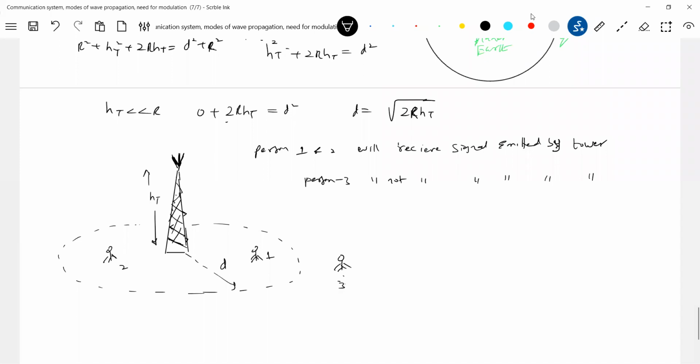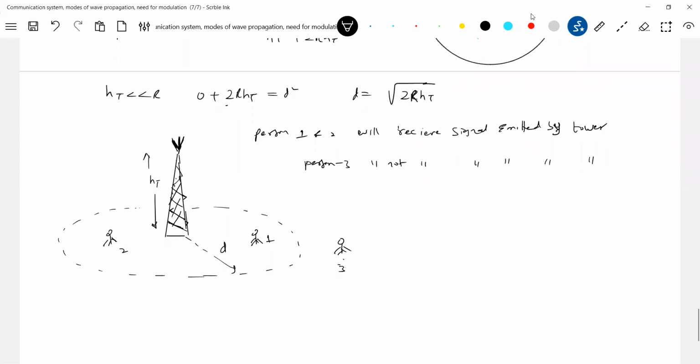Suppose you have this. Usually what is the height of the tower? It will be some 40, 50 meters. What is the height of the antenna? It will be very small, 1 meter, 2 meters, like that.